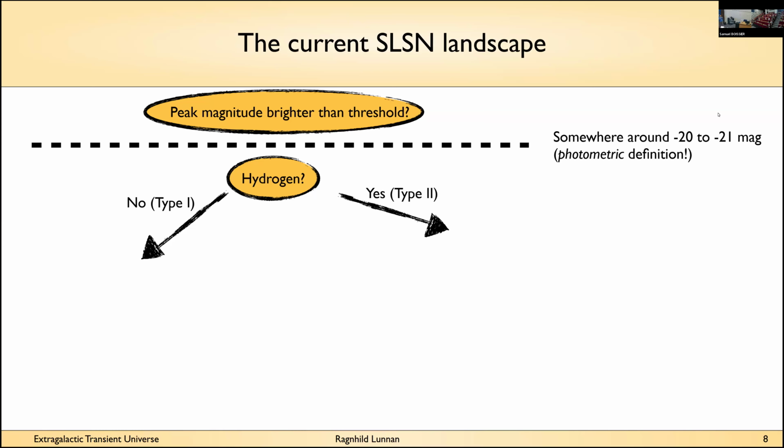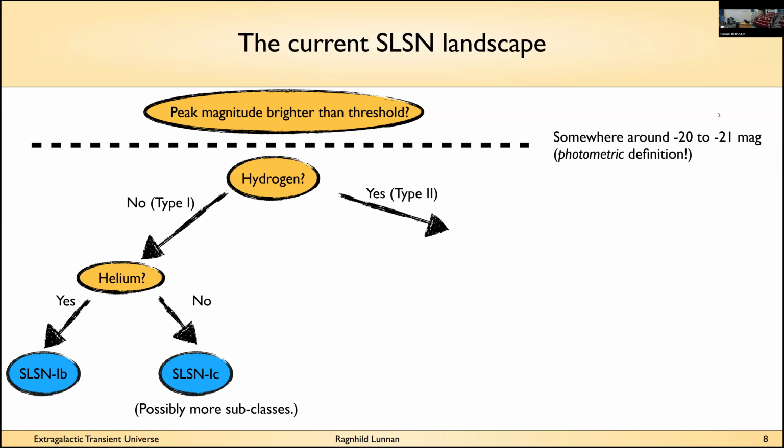But let's draw a line around -20. Then we can also ask, okay, is there hydrogen or is there not hydrogen? We can divide them into type 1s and type 2s. One thing we've learned from ZTF is some of these type 1s also have helium, so there exists a class of superluminous 1b's. But most of the hydrogen-poor ones, I guess we would spectroscopically call 1c's.